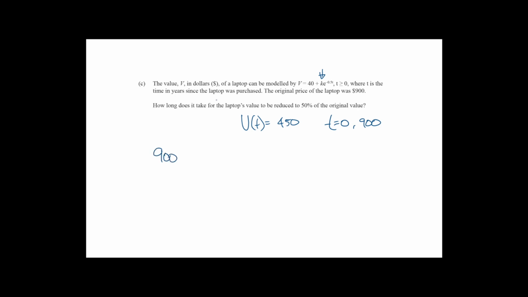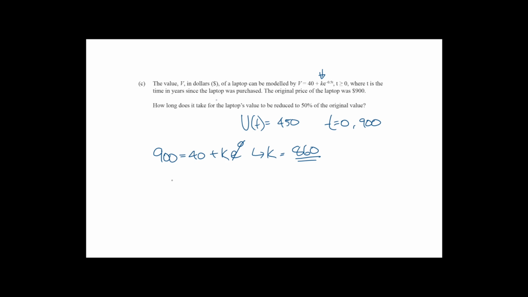So 900 equals 40 plus k e to the power of negative 0.5 times 0. 0 is 0, so that's going to go to 1. So therefore k must be equal to 860. That's that done. Now we want to set that equal to 450 and then solve for t.